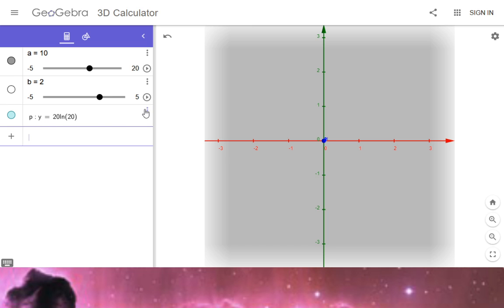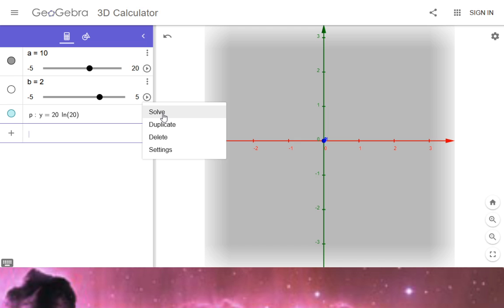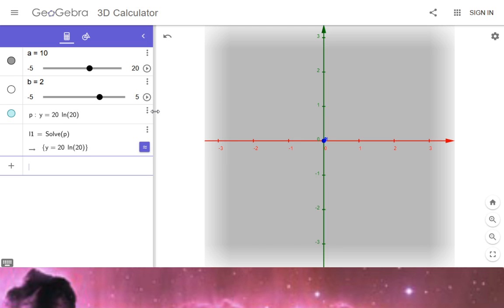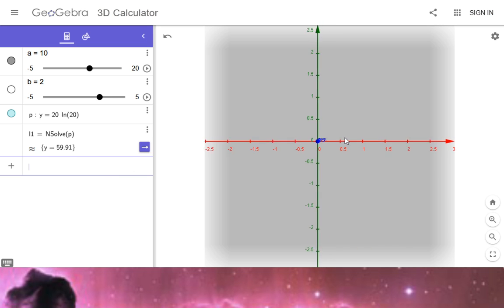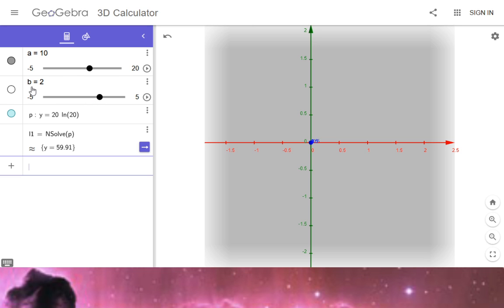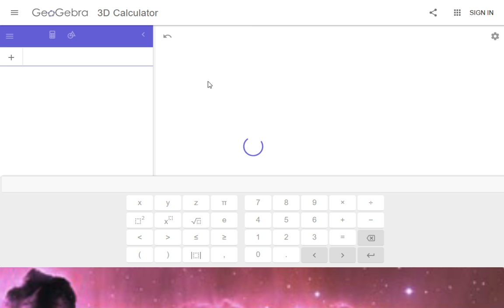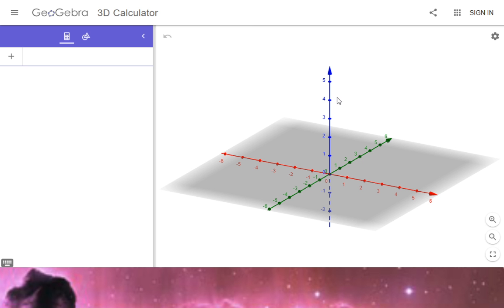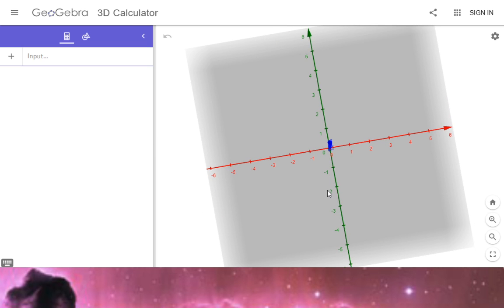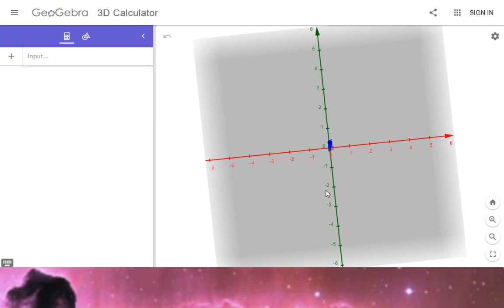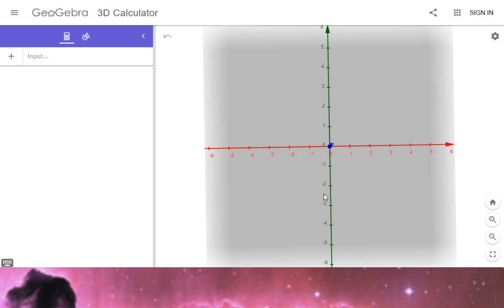Solve. How do I get rid of this? Let me refresh this. Oh, what is this? Alright, so that's what those blue lines are. That's the 3D section.